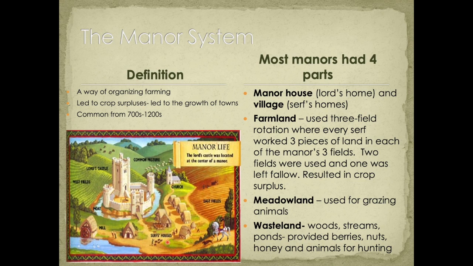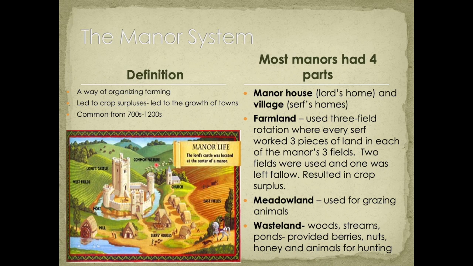All the serfs down here would go behind the castle walls and hide in the lord's castle. They were allowed to do that because the lord is giving them protection. What they're doing is farming these fields and giving it to the lord. They have a portion, the lord gets a portion, and the king gets a portion. The lord taxes them again for using the land, and that money goes to the king.